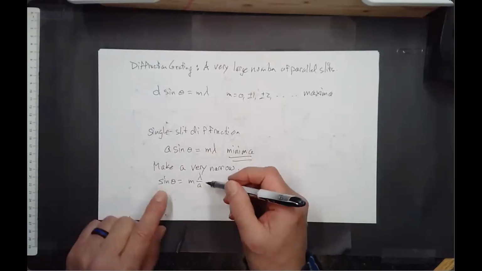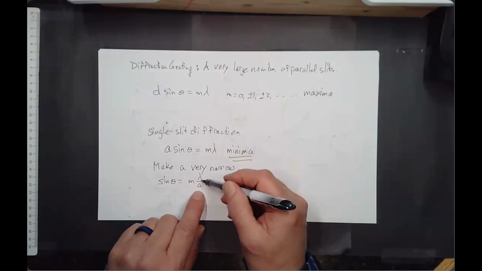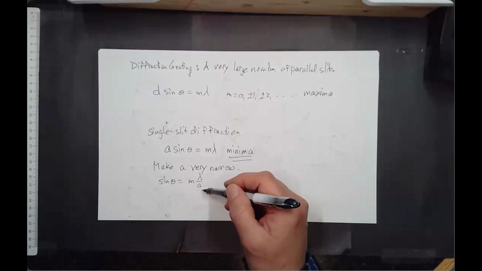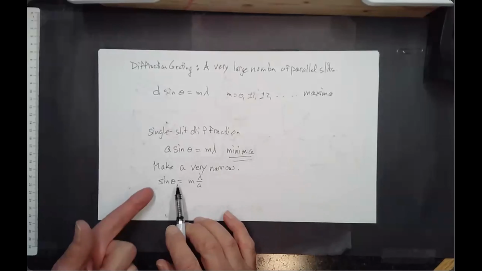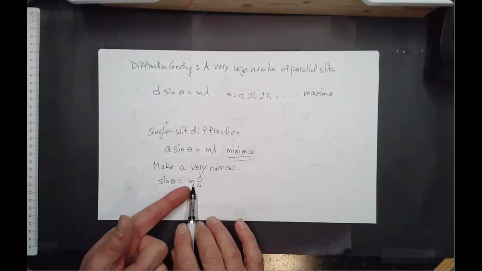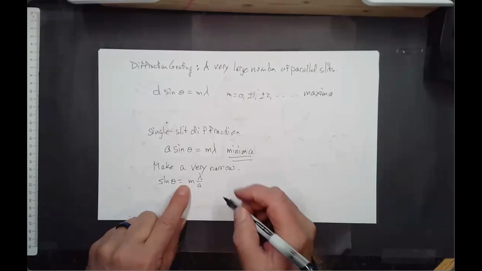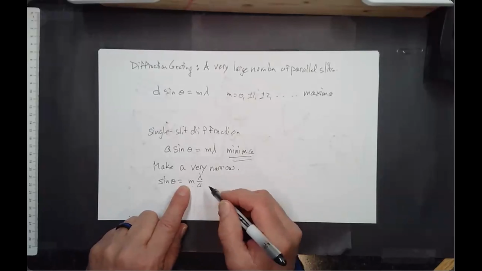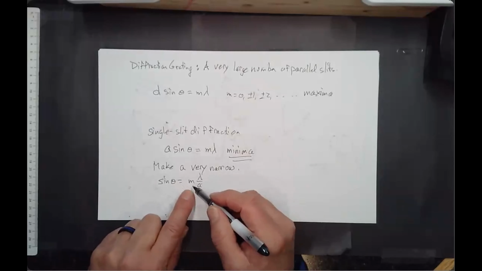Well, what if your slit width is about equal to the wavelength of the light? You'll never see anything. Okay, the m equal 1 value. Remember, m can be 0, 1, 2, 3, and so forth.